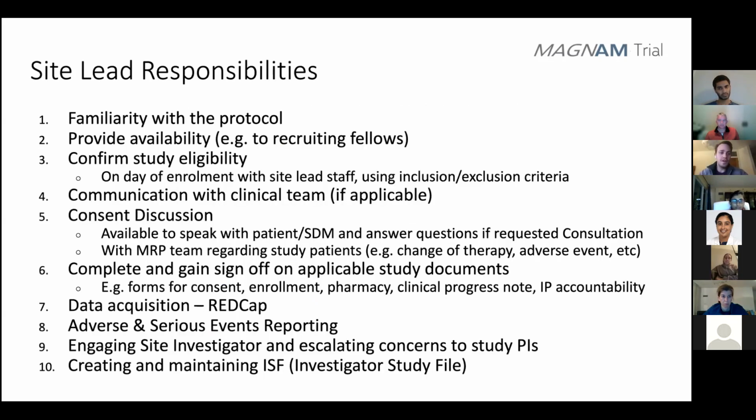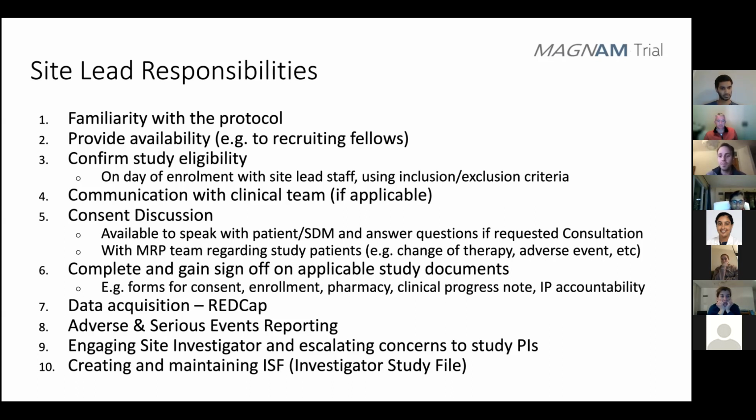Okay, so there's also a document that goes over site lead responsibilities in a bit more detail than this, but I wanted to capture, for all intents and purposes, the main things that you guys will be responsible for. Being familiar with the protocol is an obvious one, and part of that is what we're going over today. The idea is that you guys will be the site lead fellow, so you should know how the protocol works probably better than anyone, including the site faculty leads, because you're going to be a primary resource.